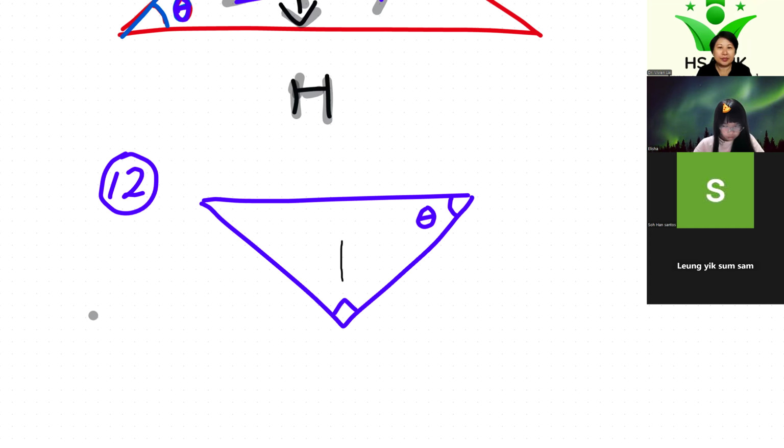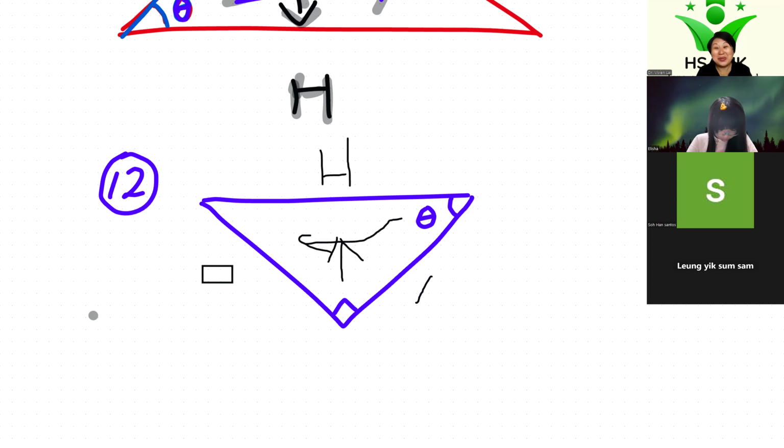Fantastic. You have a nice O. You have a square O. You will define the O, Sam. Okay, good job. Good job.